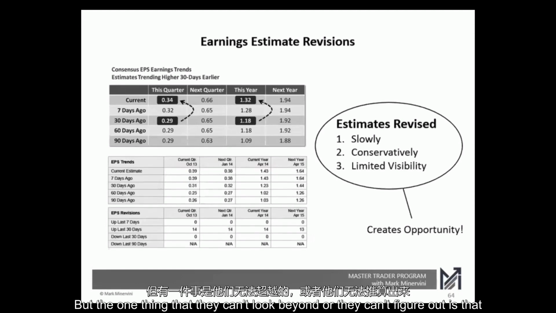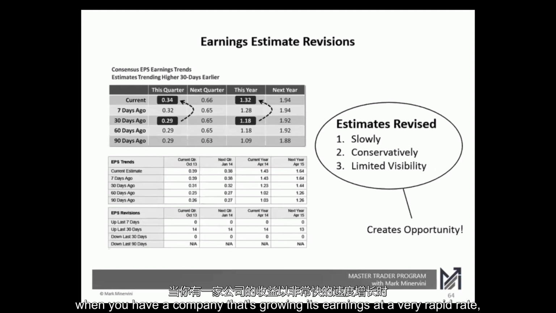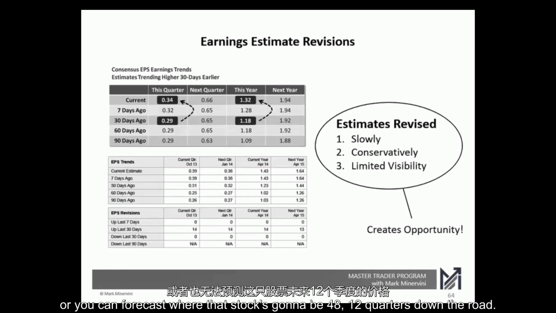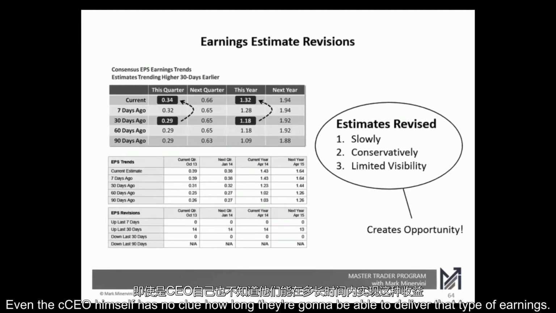But the one thing that they can't look beyond, or can't figure out, is that when you have a company that's growing its earnings at a very rapid rate, let's just say 50% or 100% per quarter, there's no way that you can put an appropriate PE, or forecast where that stock's going to be 4, 8, 12 quarters down the road. Even the CEO himself has no clue how long they're going to be able to deliver that type of earnings.